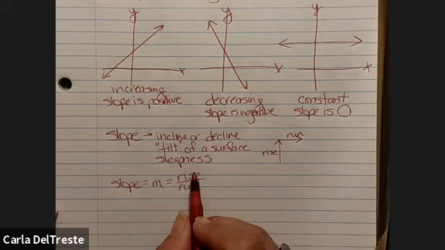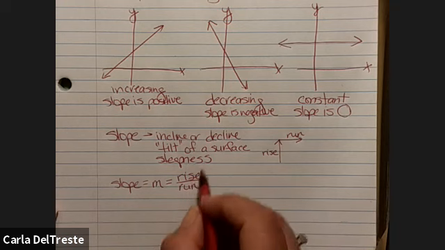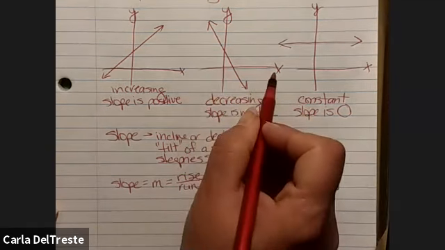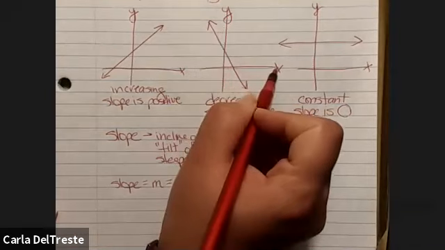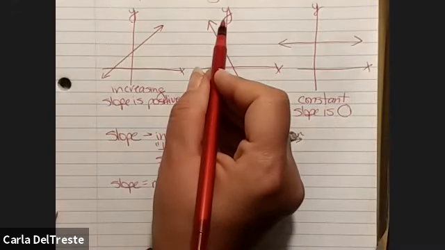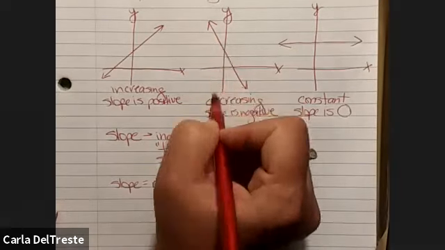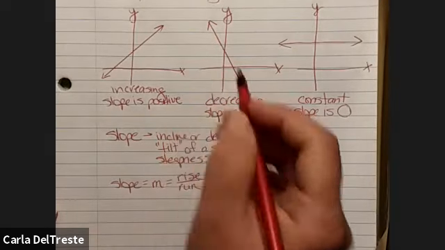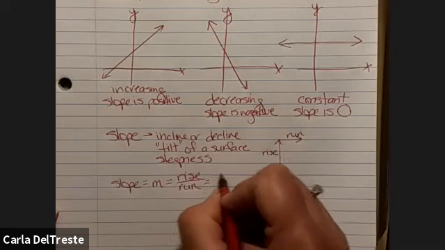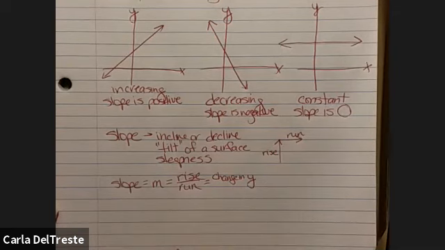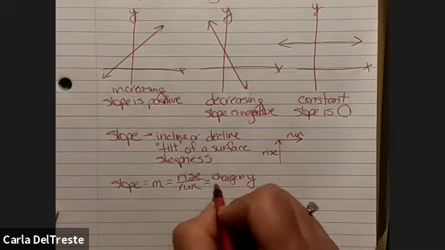But we're going to make a connection here. Not only is it rise over run, rise is in the y direction. Look at how I labeled my axes. We have our x-axis, we have our y-axis. X is always horizontal and y is always vertical. So rise is really the change in the y direction, the change in y.